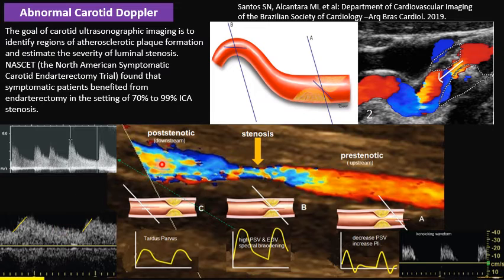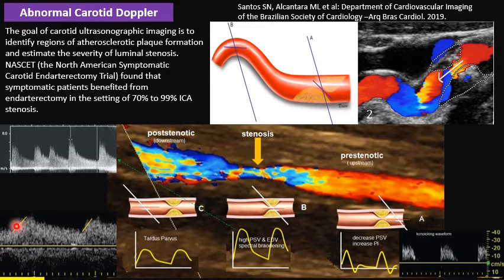And besides that, if you go a little further, we will see a specific pattern that we call Tardus Parvus. Tardus means delay, and it's represented by a more flat acceleration time or upstroke, so increased acceleration time.